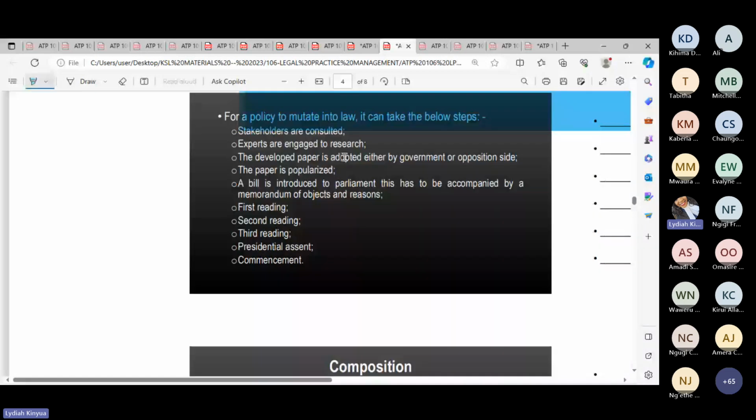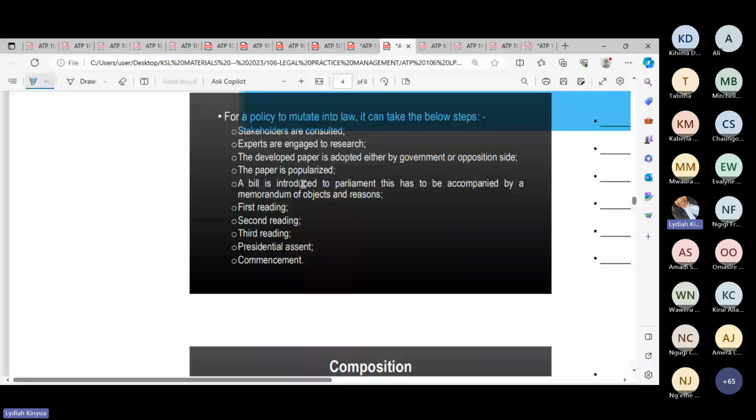A policy can mutate into law. So what happens if you want a policy to mutate into law? Stakeholders are consulted, and experts are engaged to do research. The developed paper is adopted by the government.